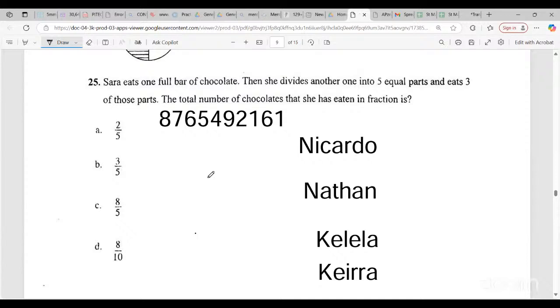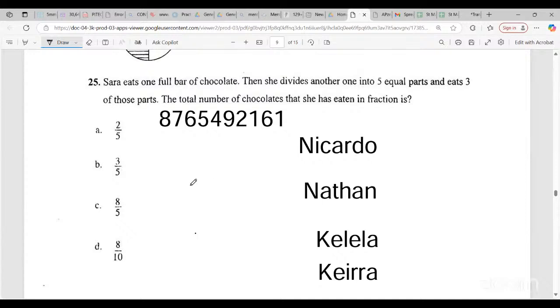And since you ate one whole bar of chocolate, I know that you have to have a whole number. So 8/5 broken down would be 1 whole and 3/5, because you ate 1 full chocolate bar, and you want to know the total number of chocolate she ate, sir. So that's how I got C, sir.